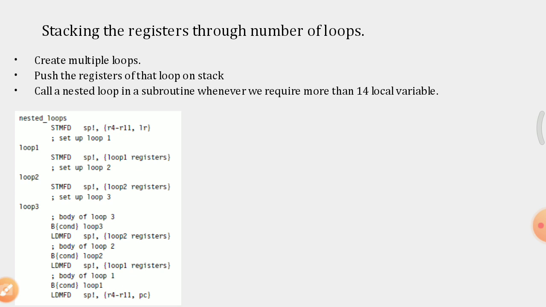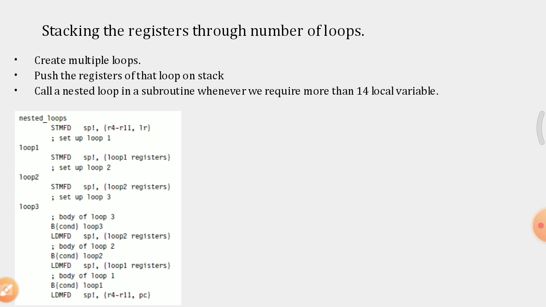So in nested underscore loops, what we are doing here is STMFD SP exclamation mark comma R4 to R11 comma LR, and then we set up the register list named loop 1.